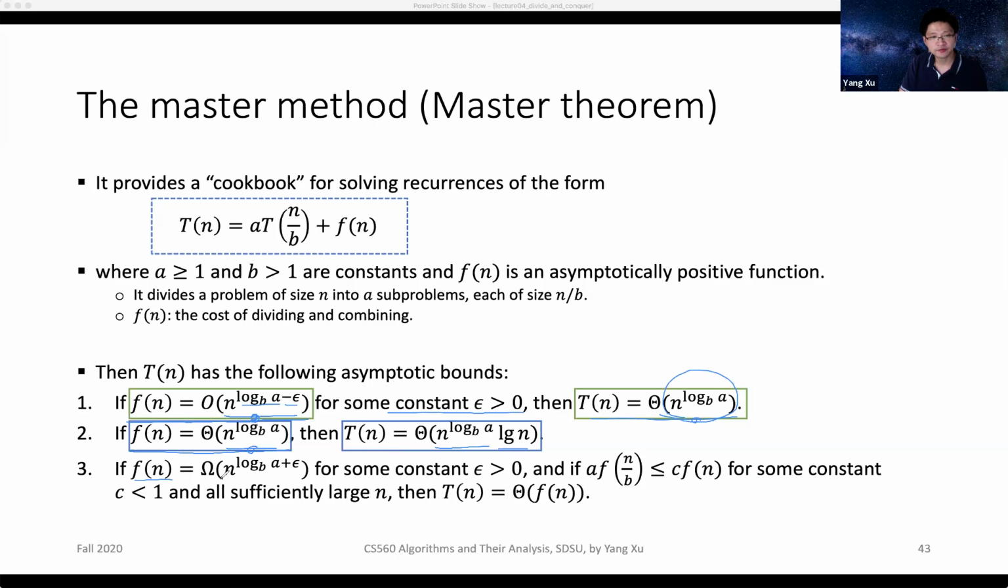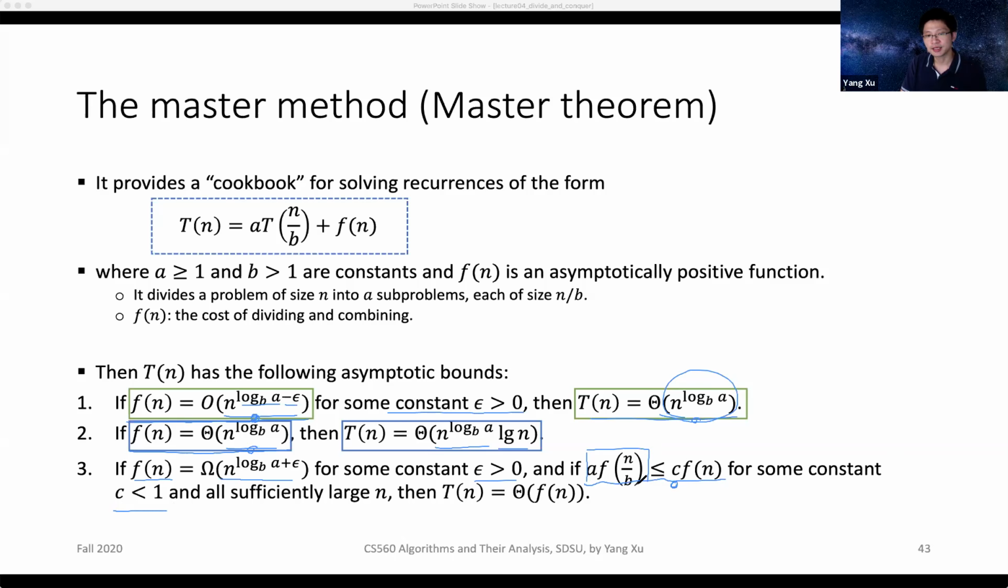is the upper bound for the polynomial term, or this polynomial term is the lower bound for f of n for some epsilon, and if this regularity condition is satisfied, okay, so this basically says that the total cost of all the subproblems should be bounded by some constant c, and this c is smaller than 1.